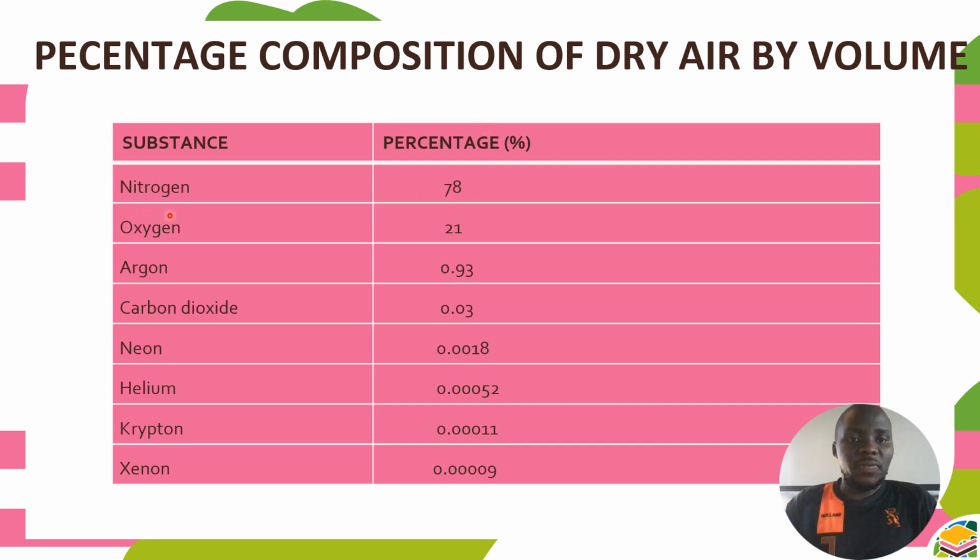So in air, we are going to find 78% nitrogen, 21% oxygen, 0.93% argon, 0.03% carbon dioxide, 0.0018% neon, 0.0052% helium, 0.00011% krypton, as well as 0.00009% xenon. So this is the composition of air. All these gases which we have looked at are found in air, that is, they constitute the air.